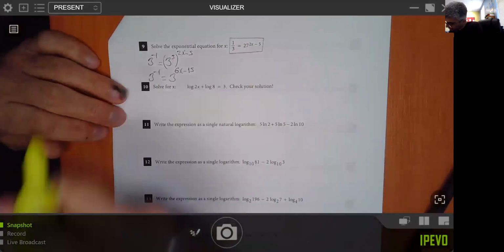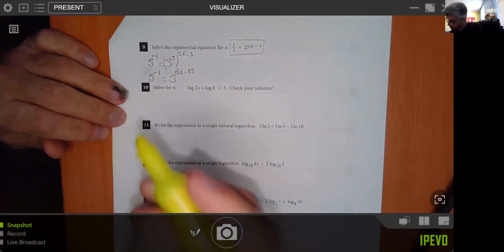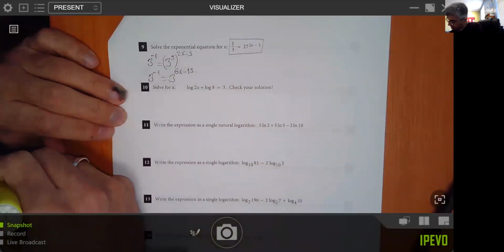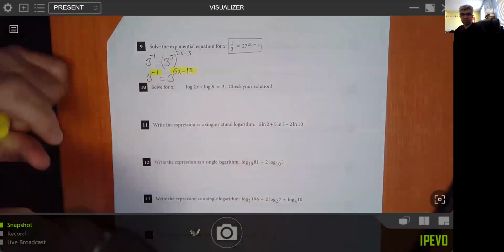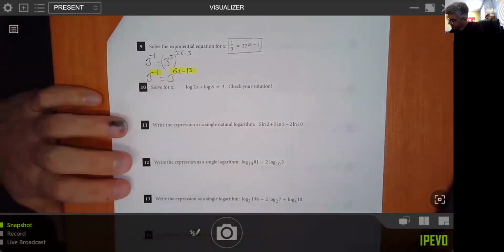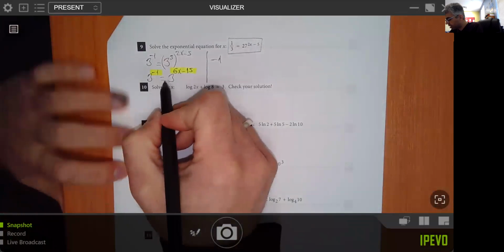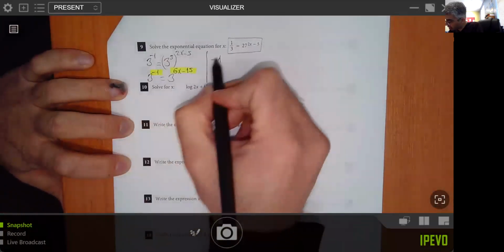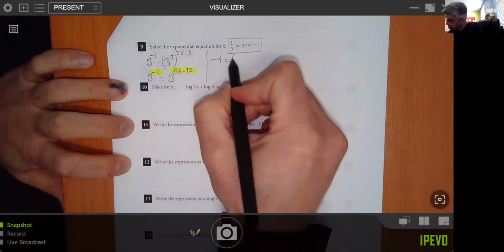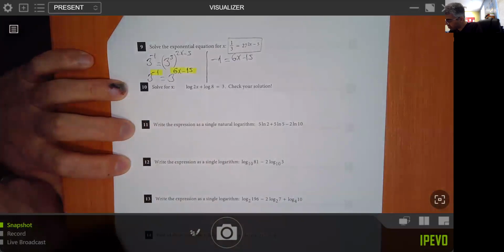What do I know? If I have two exponential functions in one equation, and their bases are equal, it means the exponents must be equal to each other. So after this step, I ignore the equal bases, and I write the exponents equal to each other. Negative 1 equals 6x minus 15.